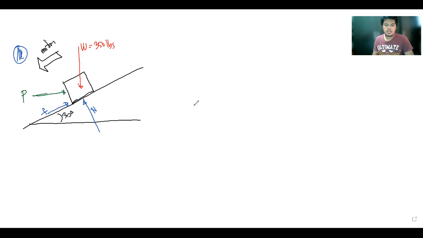Okay, so this would be the inclined plane. So this would be the body force, no?